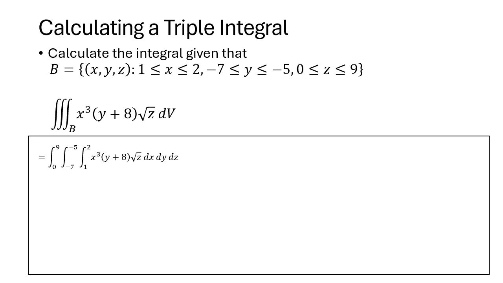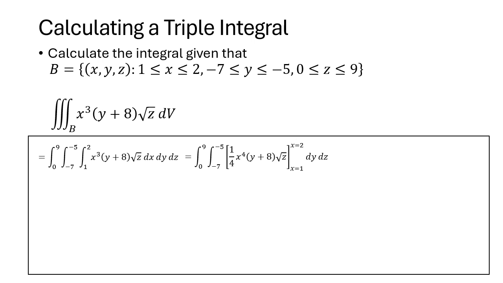Based on this choice, I start out by integrating with respect to x. So the antiderivative of x to the third is 1/4 x to the fourth. Since no other values involving x are there, and since everything is being multiplied, the resulting antiderivative is 1/4 x to the fourth times (y plus 8 times square root z).